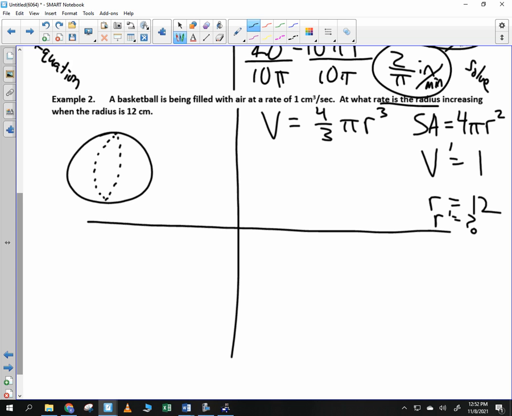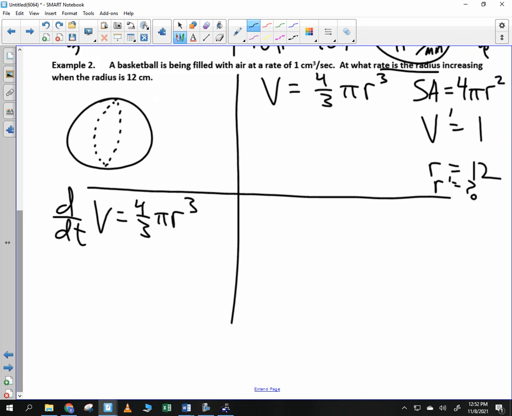All right. So looks like I should take the derivative with respect to time of volume equals 4/3 pi r cubed. So what's the derivative of volume?